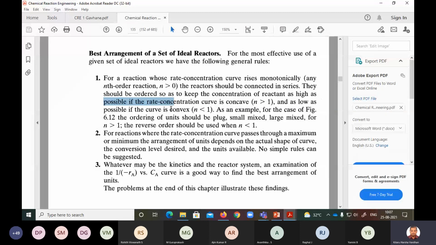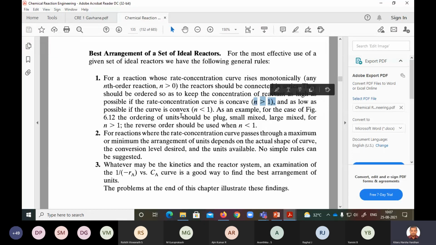How can you keep the reactant concentration as high as possible? Reactant concentration is high only in a PFR. That is why for such a curve, when n is greater than 1, you should always have a PFR first and then the CSTR.